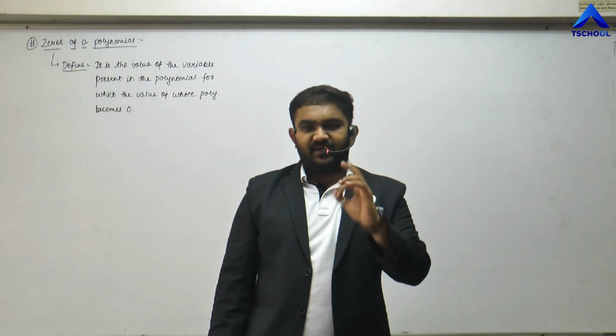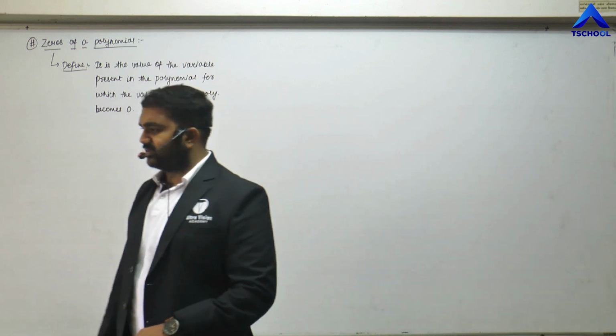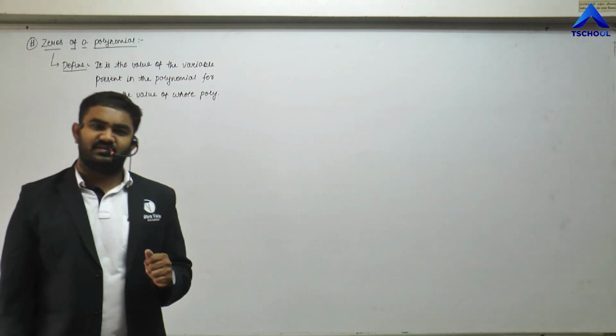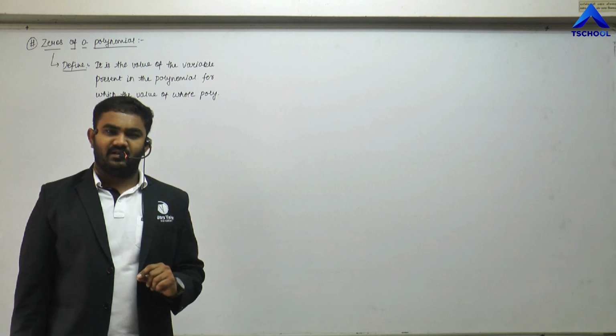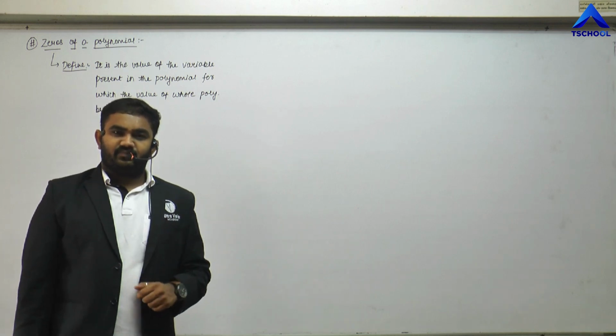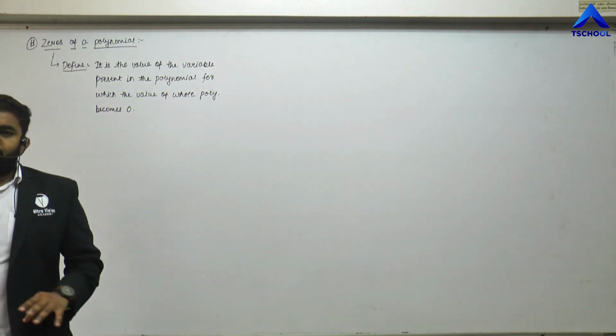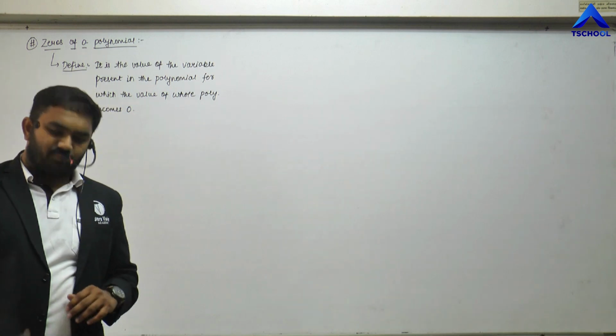That means we are finding out the value of the variable x. Zeros of a polynomial basically means the values of the variable for which the value of the whole polynomial becomes 0.